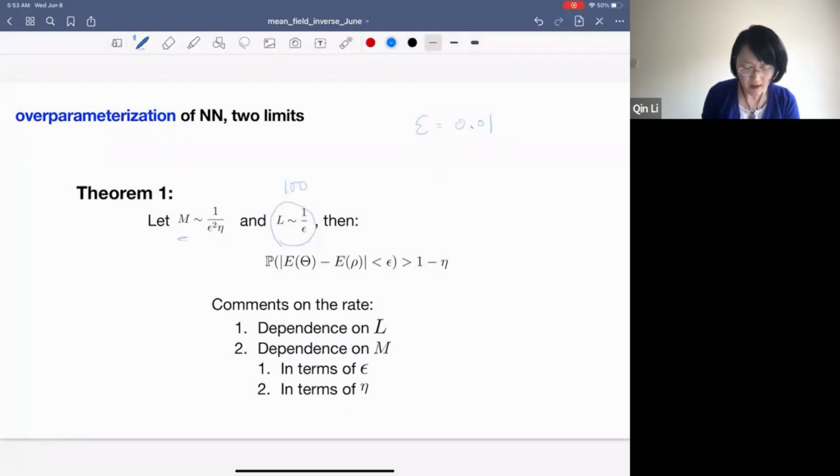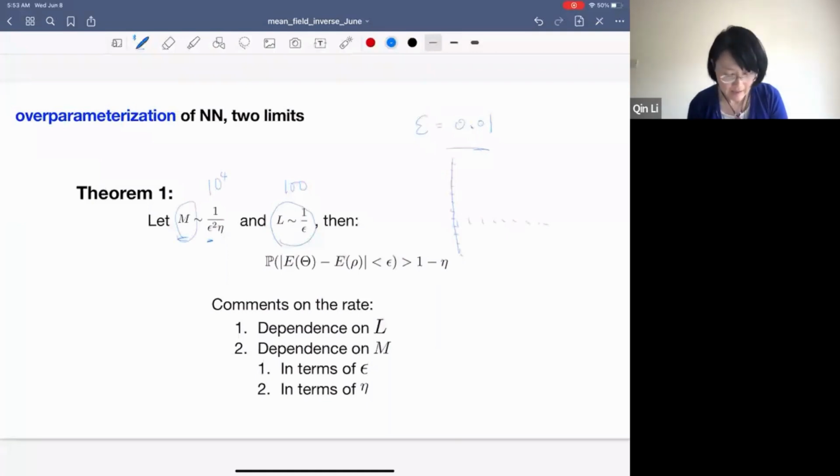And at the same time, the number of neurons per layer, so this direction, the width of the neural network, has to be epsilon to the power minus 2. So in this case, it's 10 to the power 4. So you have 100 layers, and on each layer you have 10 to the power 4 neurons.